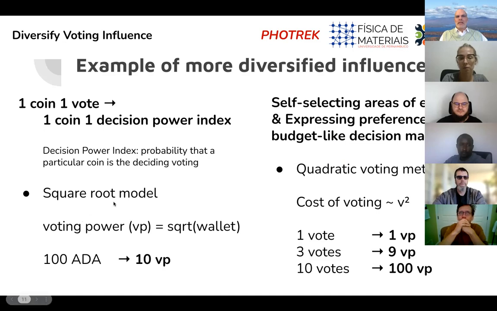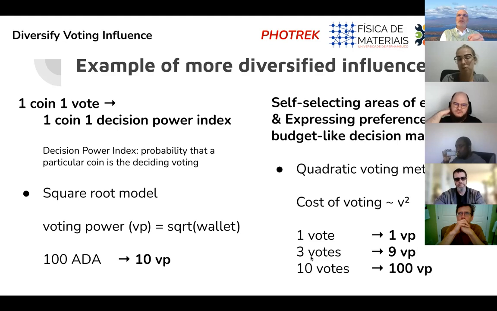And as an example, if you started with 100 ADA, you would be allocated 10 voting power. And now how could you use that voting power? In this quadratic voting method, you could apply one vote across 10 different proposals, yes or no on each one, or you could allocate 9 of your voting powers to make 3 votes on one proposal.